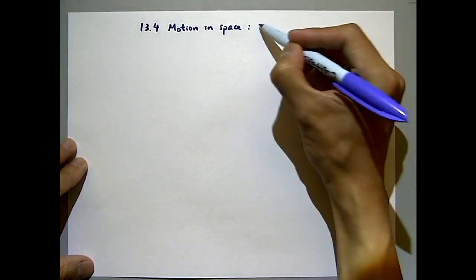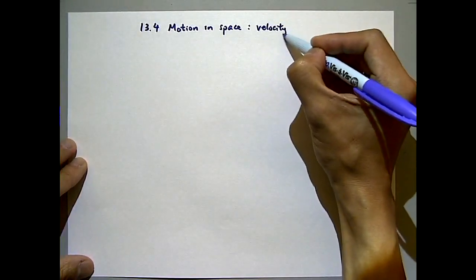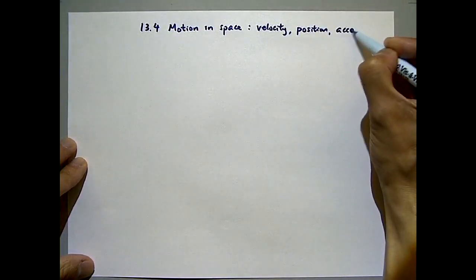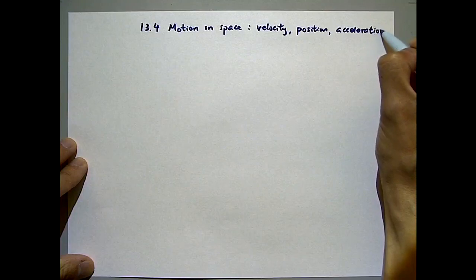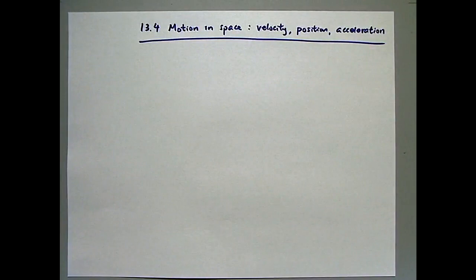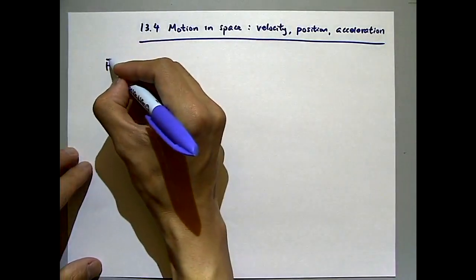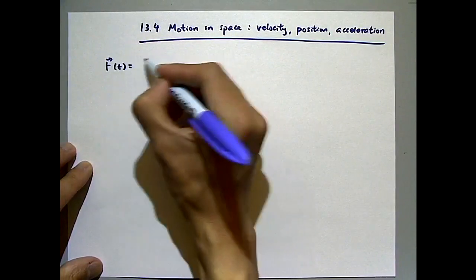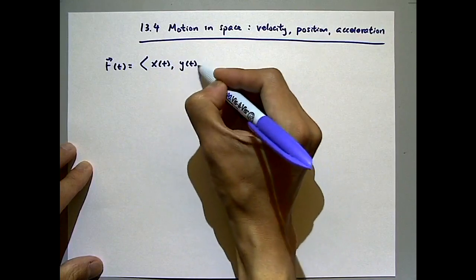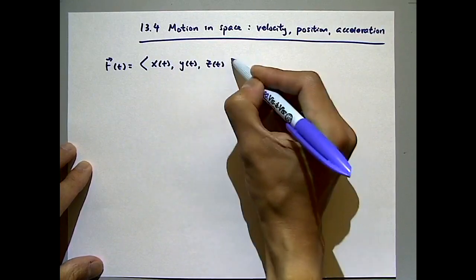And of course, we're talking about velocity, position, and acceleration. Pretty much everything you know from Calc 1 dealing with scalar functions still applies. So for instance, suppose that we have some object and we're going to track its position in a three-dimensional space.